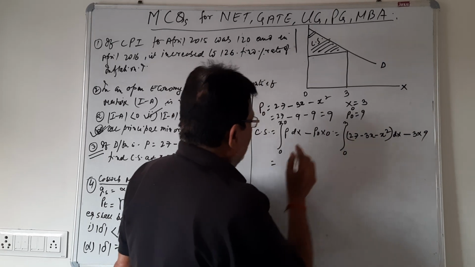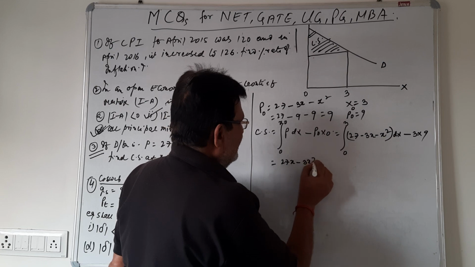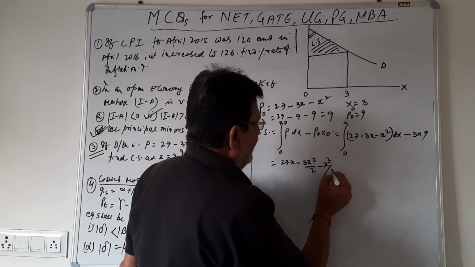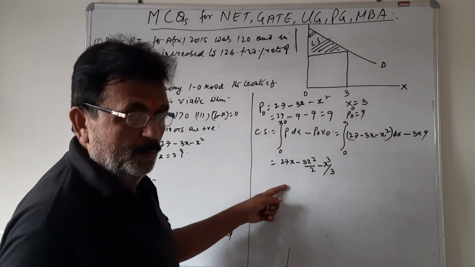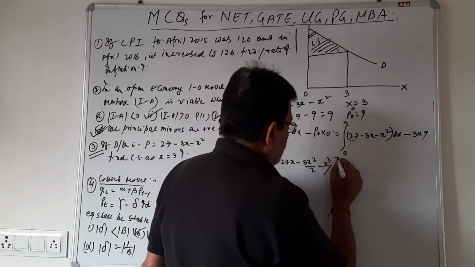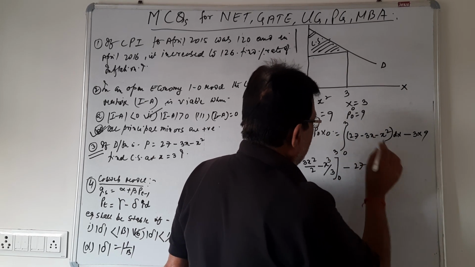Now this has to be integrated: 27x minus 3x square by 2 minus x cube by 3. This is a definite integral, so no integral constant c would be taken. So 0 to 3, and minus 27.